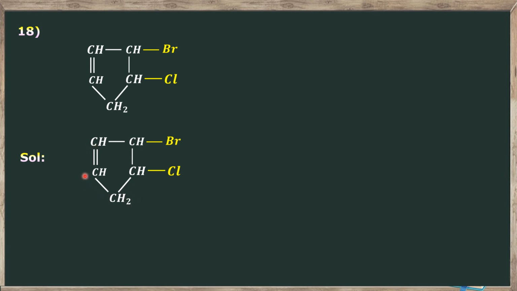So the numbering can be done starting from here in clockwise direction or starting from here in anti-clockwise direction. Which way of numbering is correct? In order to know that, we have to use the lowest set of locants rule. Okay, or we can give the number starting from here in clockwise direction. So let us use the lowest set of locants rule to decide which way of numbering is correct.